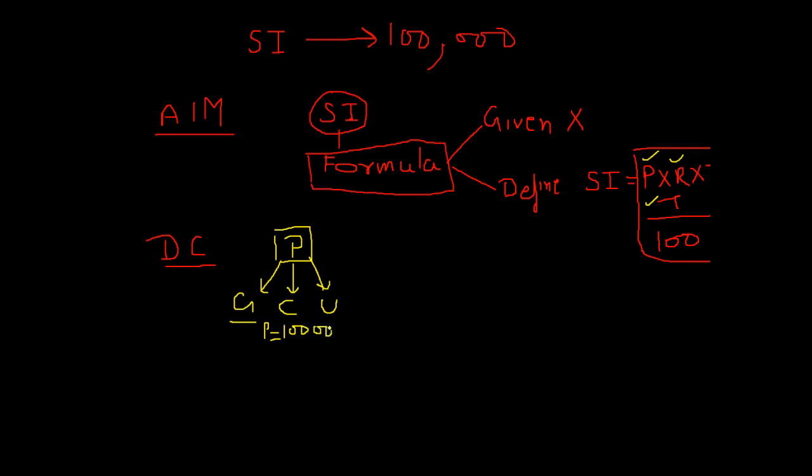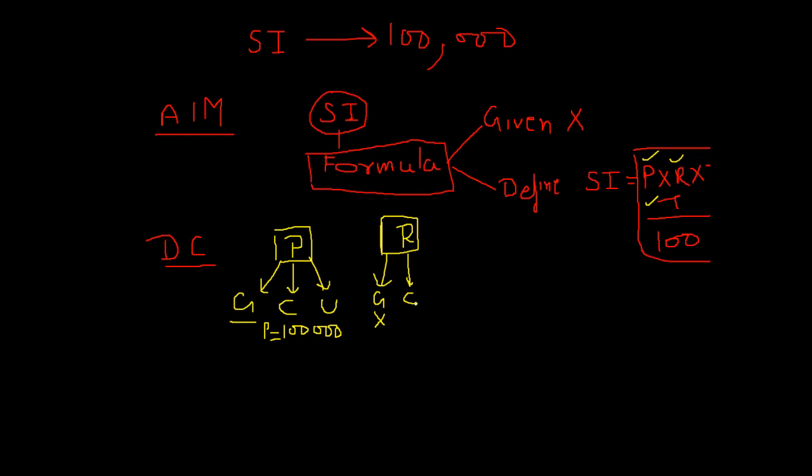So the value of P is given, and the next parameter is R, the rate of interest. We will see whether the rate of interest is given in the question. Is it given anywhere that the rate of interest is 3.5 or 4.2 or 10.9? No, nothing is given. Is it given that you calculate the rate of interest according to some formula, or that it is 10% of this or that?